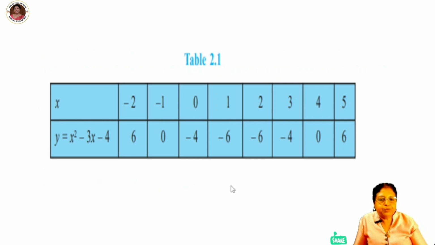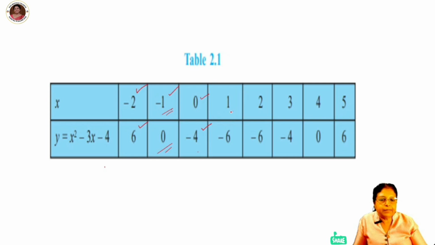So, we are substituting these values. Minus 2, we are getting 6 as the value of this polynomial. If you substitute negative 1 for x, we will get 0. If you give x equal to 0, you will get negative 4.